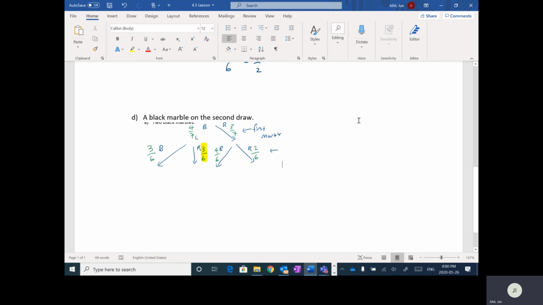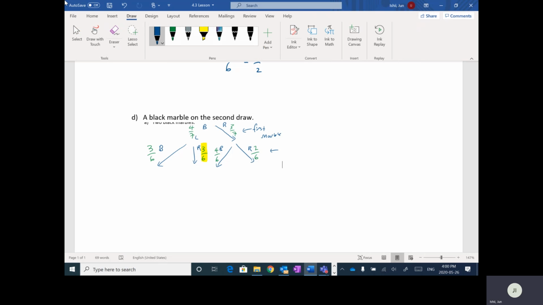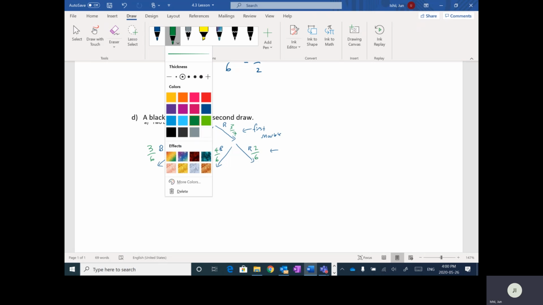I just noticed that this line here is missing, but I guess that's a branch there. So, a black marble on the second draw. When does that occur? Oops, I forgot to erase the highlighter. I'm making a mess with these colors.